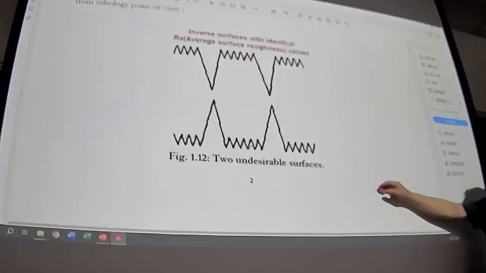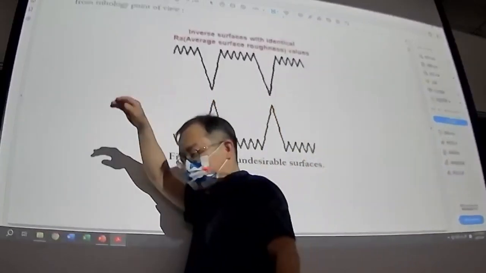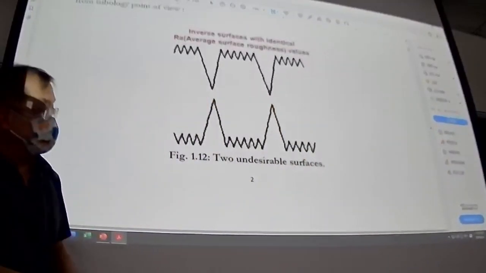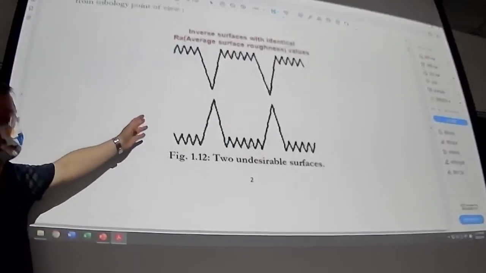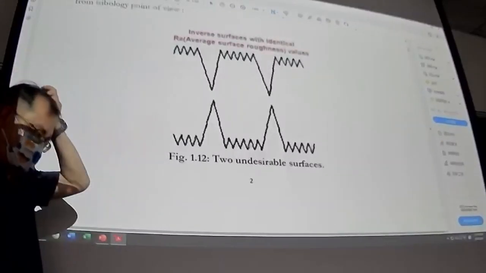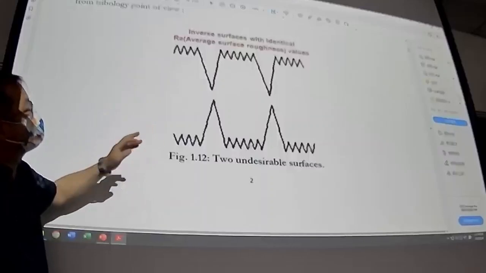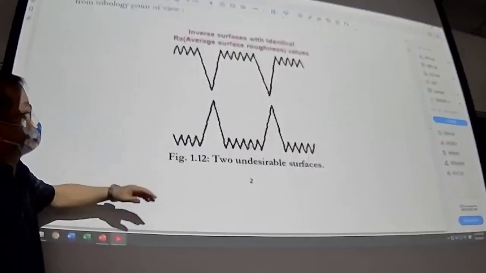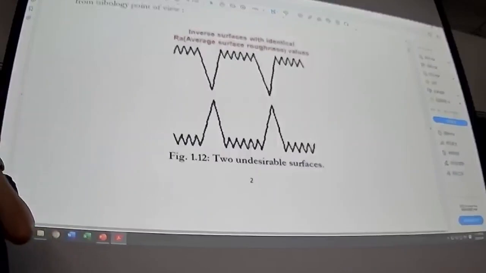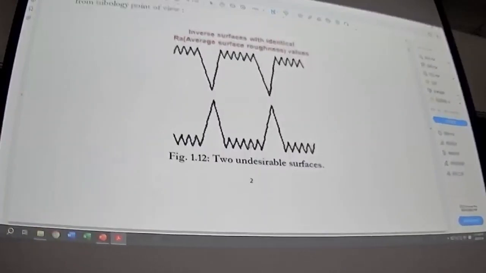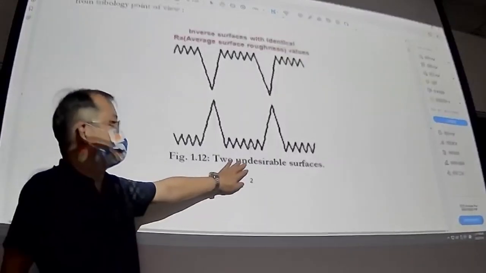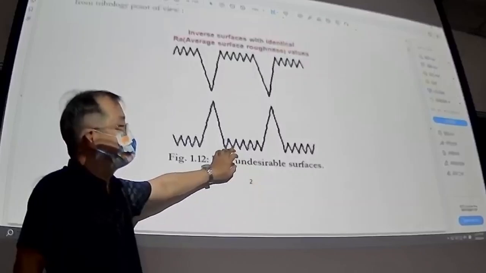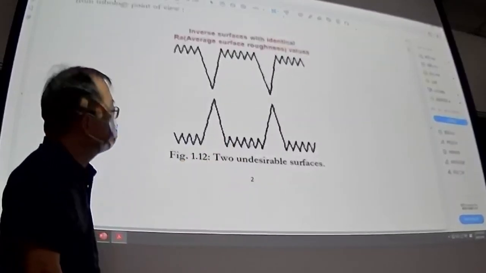This is an extreme high point of the surface. It's called the asperity. So it's a bit exaggerated. So for instance, we have two surfaces in contact, and you have a relative motion. Okay, this is the most undesirable surface you ever had.